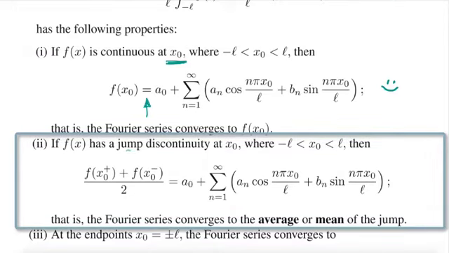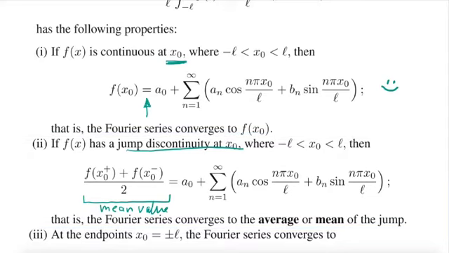If we have a jump discontinuity at x0, then the Fourier series will jump to the mean value. Okay, so easily illustrated. I don't have much space here, but I think I can still illustrate this easily. So let's say the function has a jump here, from here to here, a finite jump, all right? Then the Fourier series, so this guy, will attain the middle value between the jump.